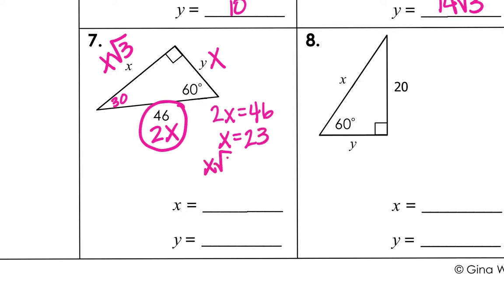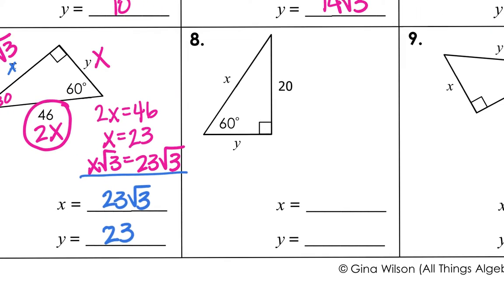So x square root of 3 is 23 square root of 3. So their x is the x square root of 3. Their y is our x. Remember, their labels have nothing to do with solving. It's just to fill in the blanks.